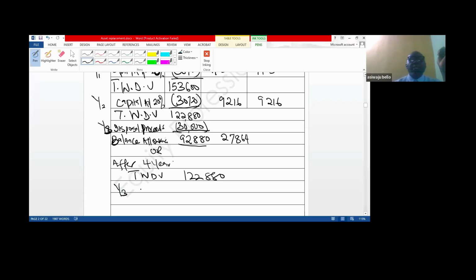You now come to year 3, capital allowance at 20%. Because we are looking at replacement after 4 years, that means we are not going to sell the machine at the end of year 3. So if you are not selling at the end of year 3, you are going to put capital allowance for year 3.